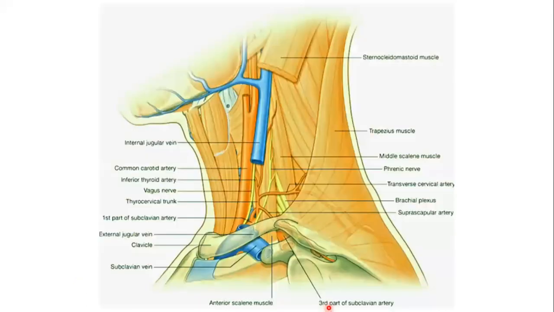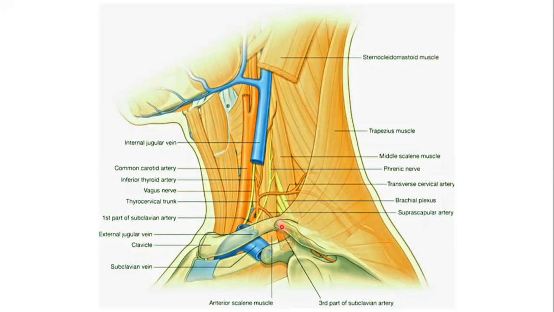So you see here, to show you the third part of the subclavian artery. You could see this. This is the third part of the subclavian artery, right? It is present in relation to this, the lower part of the posterior triangle, which is the supraclavicular, omoclavicular, or subclavian triangle.